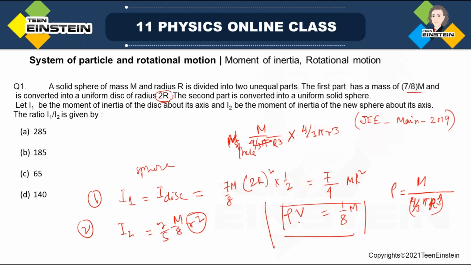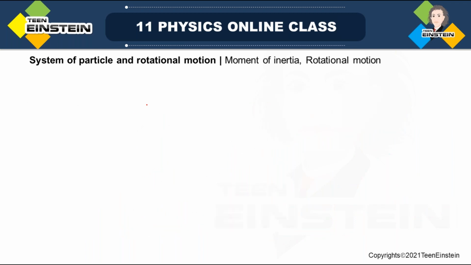The 4 by 3 pi will go away, so we'll actually get M into small r cube by capital R cube. Now we can equate this and this, and from there we'll get a relationship between small r and capital R. So 1/8 M is equal to 4 by 3 M pi.